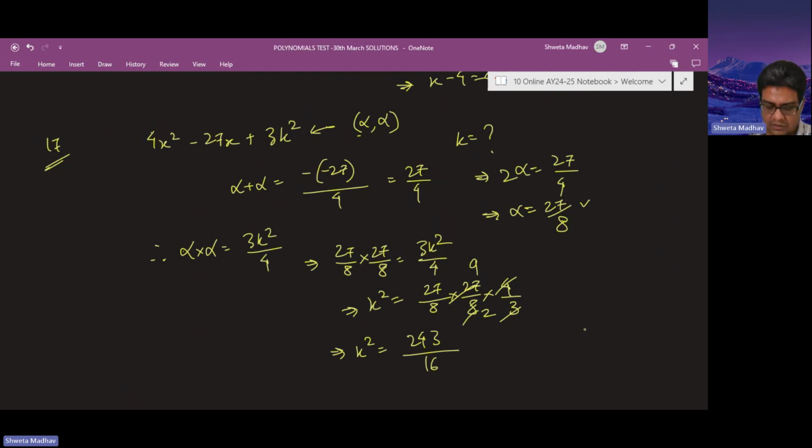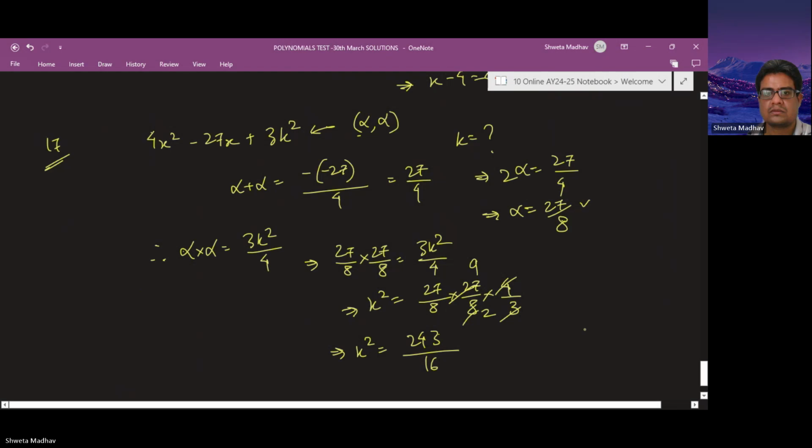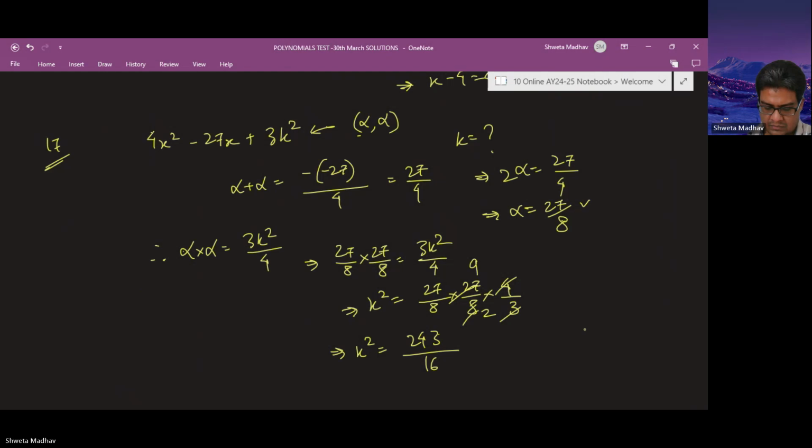Product of the zeros is c by a. Okay, sorry. Here the solution is wrong.